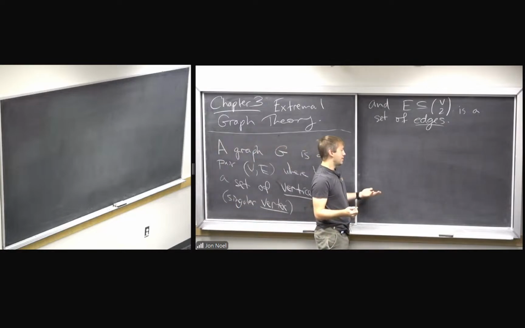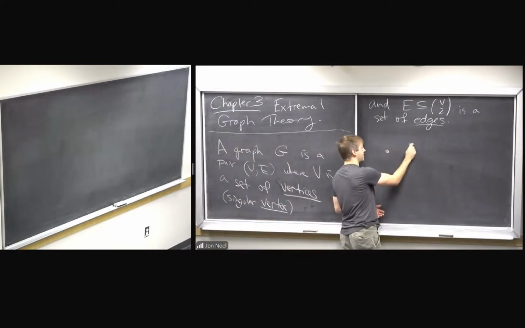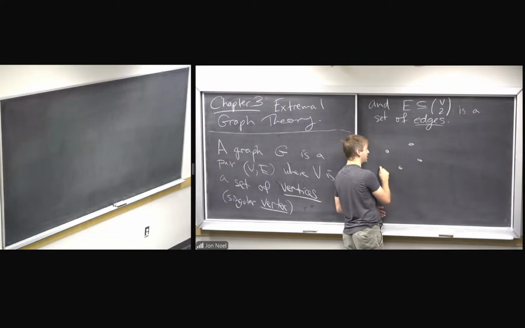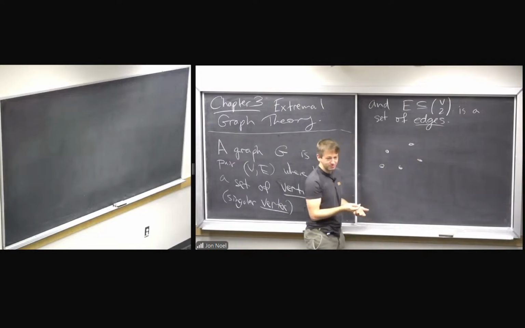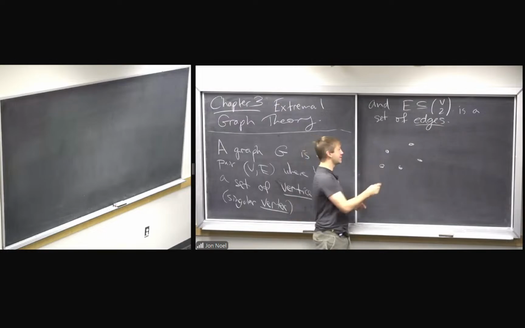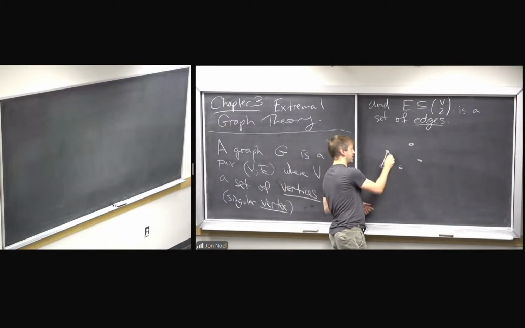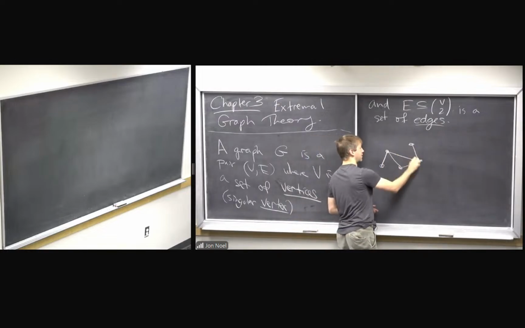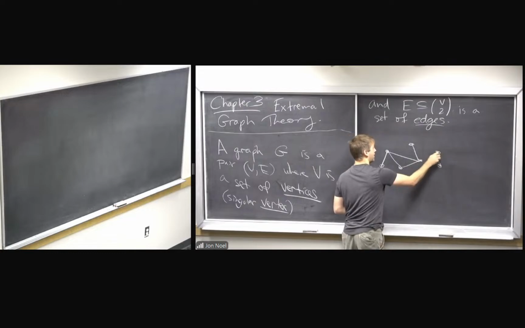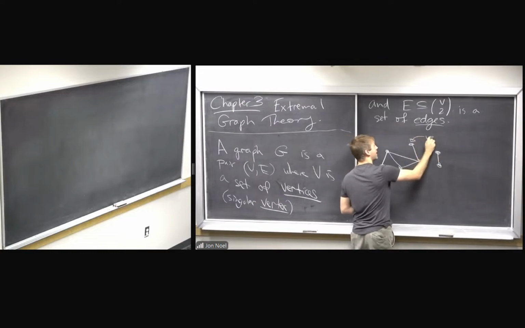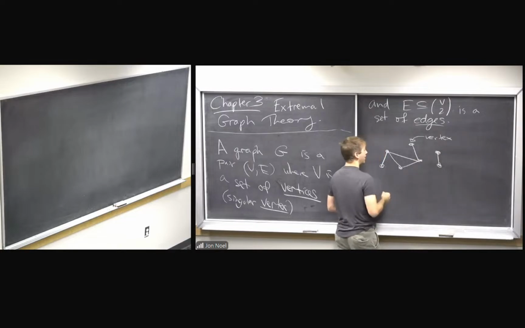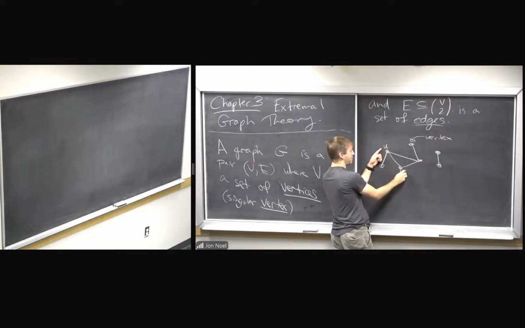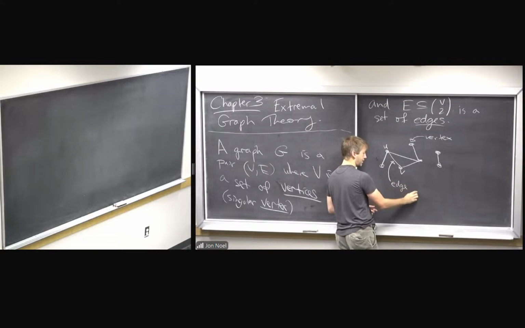But really, the better way to think of a graph is just by drawing a picture, right? Draw some vertices. That's a vertex, and this is a vertex U and V. This is the edge UV.